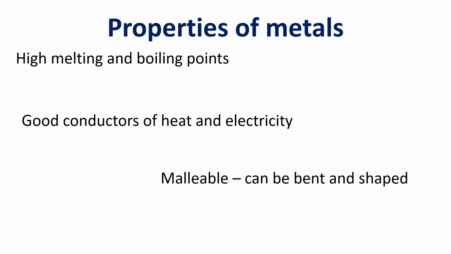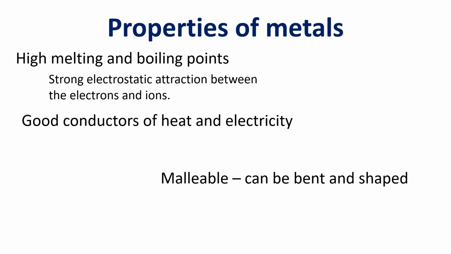Properties of metals: high melting and boiling points, good conductors of heat and electricity, and they're malleable because they can be bent and shaped. The reason they have high melting and boiling points is because there's a strong electrostatic attraction between the electrons and the ions.